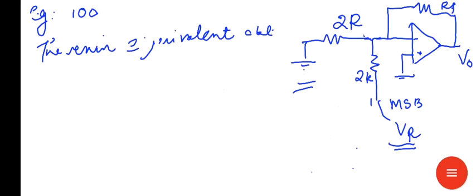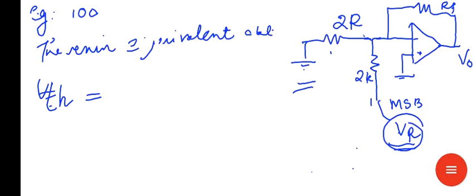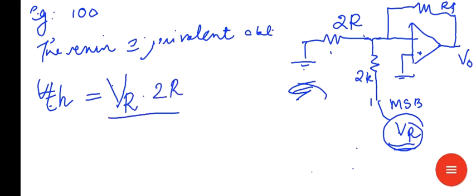Thevenin equivalent circuit. So first you find out the Thevenin equivalent voltage VTH. This is VR, and this terminal is grounded, so the voltage is VR into 2R divided by 2R plus 2R.